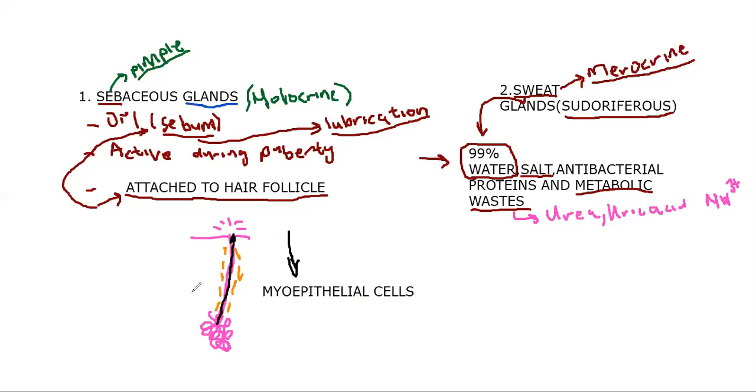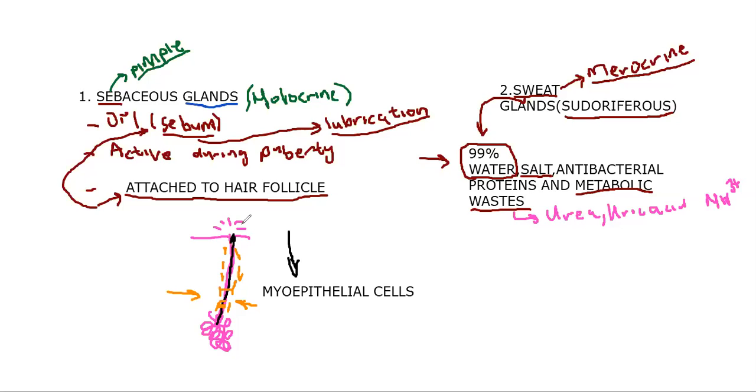Meaning this one on this side will push to that side, this one on this side will push to that side. As they push, they move the sweat upwards. The sweat can't return because it will be closed here. Then this one also pushes, this one also pushes, until it is excreted outside. Do you understand?